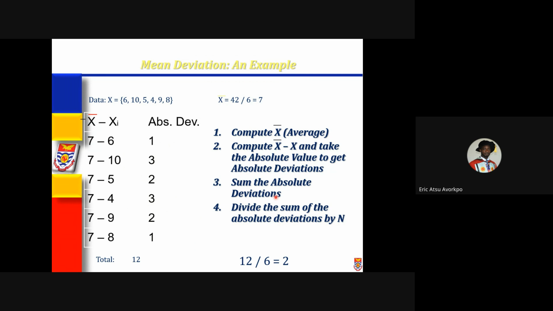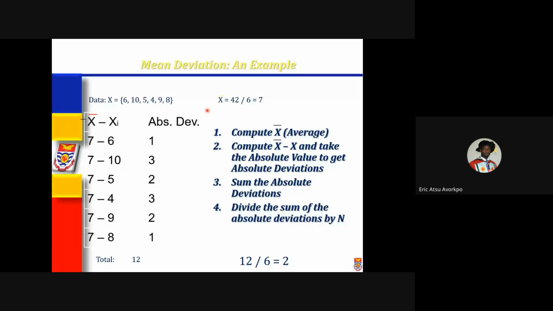So it means that on the average, if you look at these observations, the minimum value is 4 and the maximum value is 10. If 7 is the mean value, then on the average, the difference between the scores you see over here, which are 6, 10, 5, 4, 9, 8, from the mean is just 2 each.